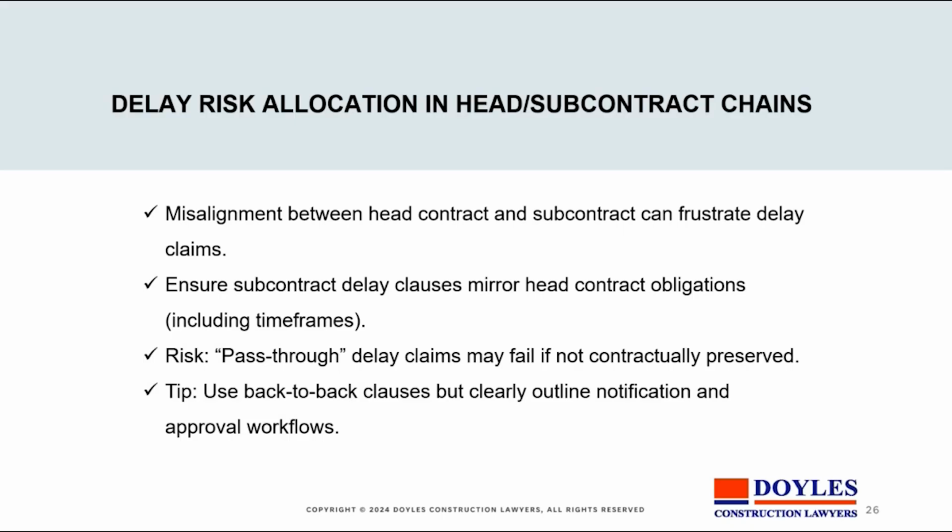However, there's a problem in the back-to-back, because if for instance, the subcontractor has to notify within 7 days of the delay, but the principal contractor has to notify within 2 days of the delay, then it may be that the notification of the subcontractor who's delayed by the particular event will come to the principal contractor too late to be notified. So it is an issue that you need as a head contractor to align those notification dates so that they work coherently.